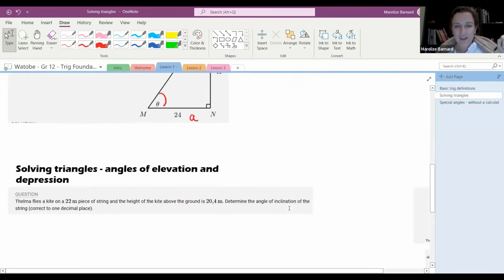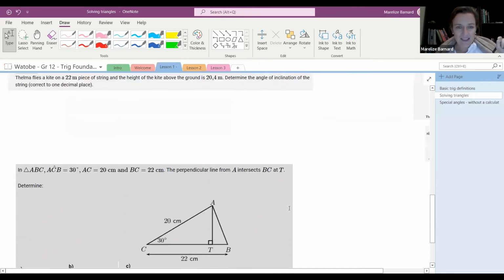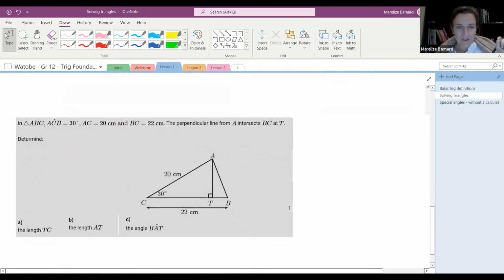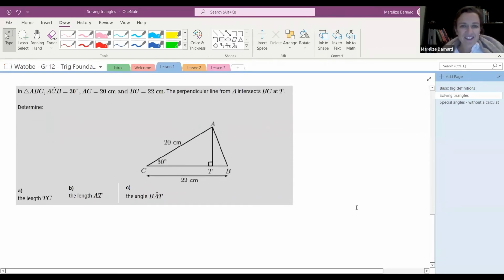Right, guys, so I'm just going to skip a little bit ahead to this one here. Right, so here we've got something a little bit more complex. We are given, first of all, this triangle.